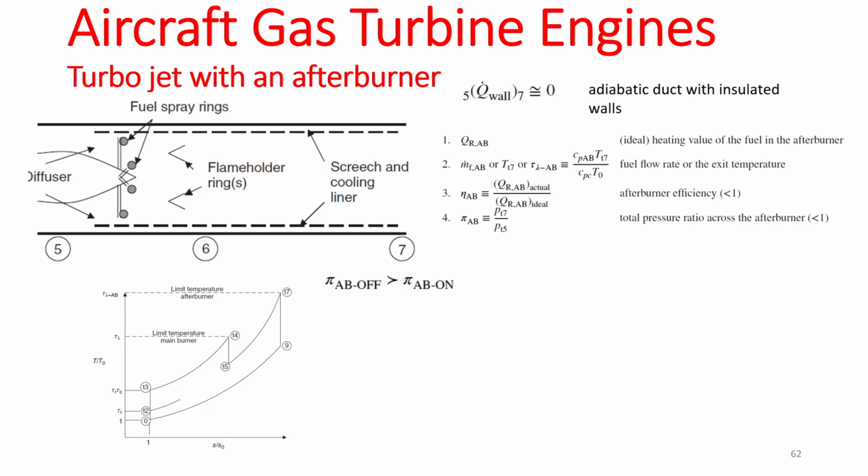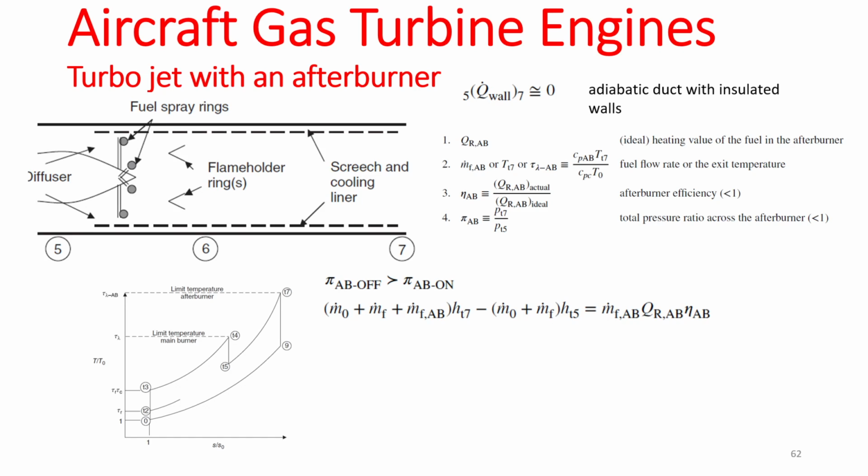That's the pressure ratio inside the afterburner chamber. And your power balance, if you will, is going to be changing. Your energy balance is going to be changing as well. When writing the energy balance, you have to include the afterburner in your analysis.